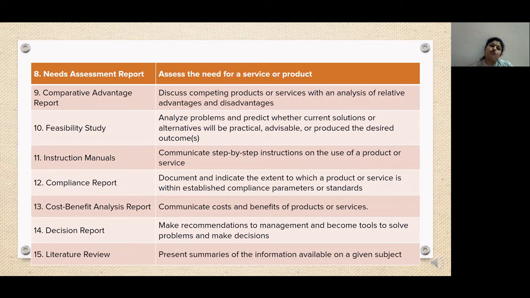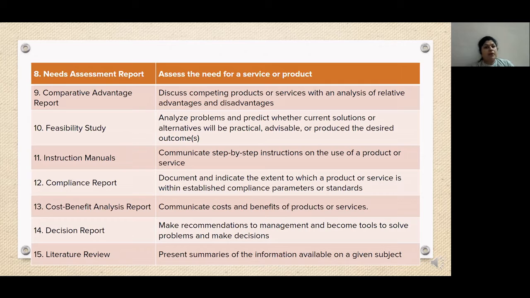Then we have instruction manuals. I think maximum people understand this. Whenever you get any electronic device, or a washing machine or TV, anything, it comes with instruction manuals. Every electronic device comes with certain instructions which are communicated through a manual.